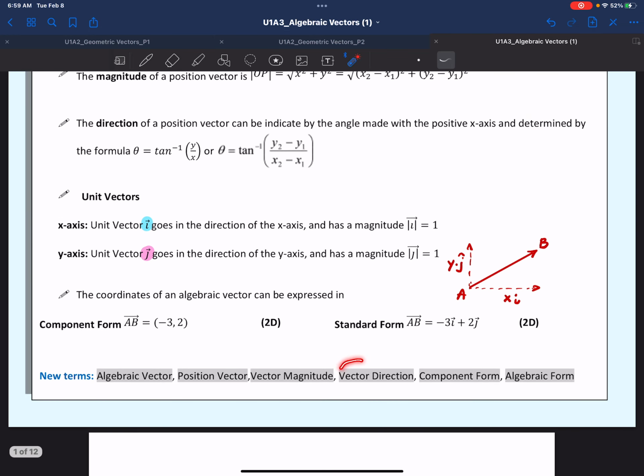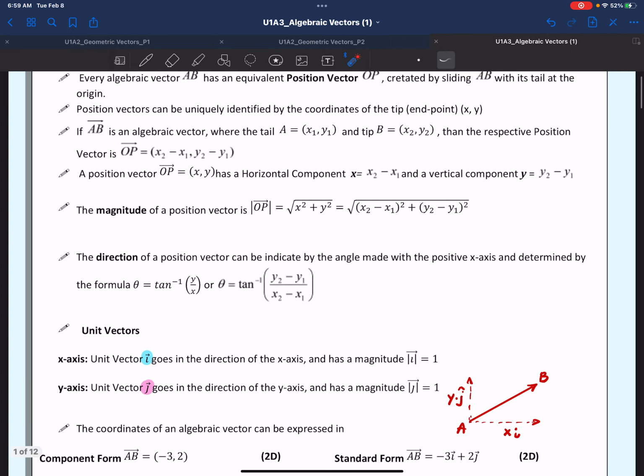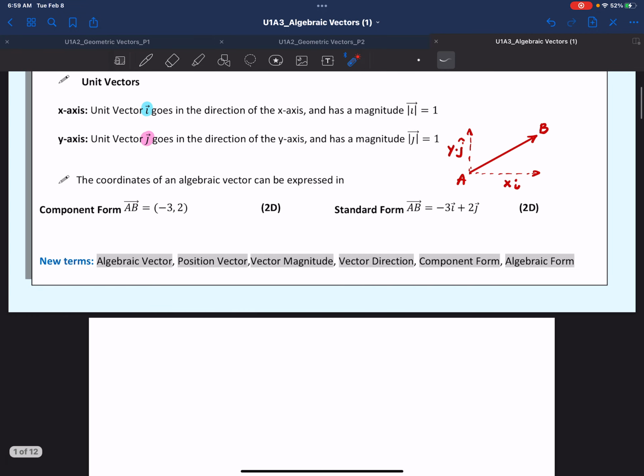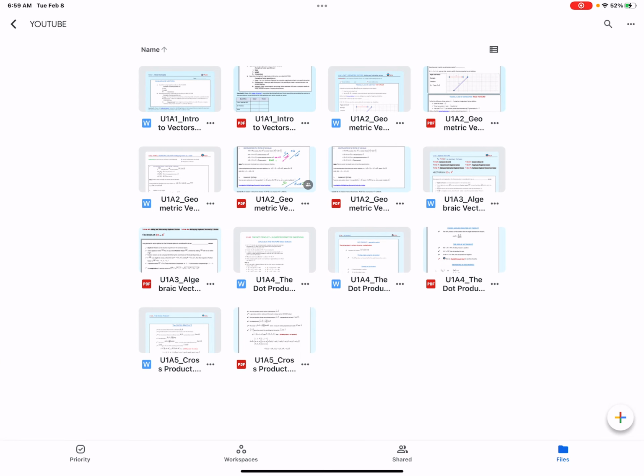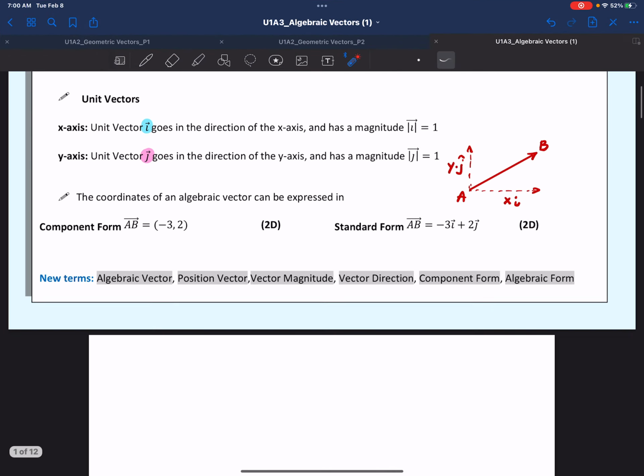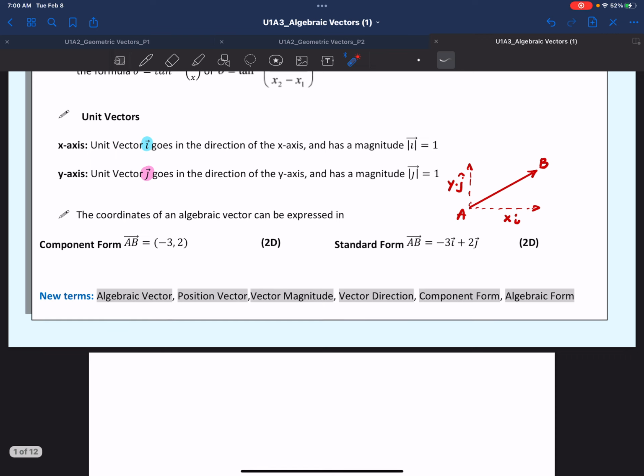Well, I describe it by using the angle the vector makes with a positive x-axis, again, when vectors are placed in standard position, or position vectors. Component form. This is the component form of the vector, and the respective algebraic form is this one.